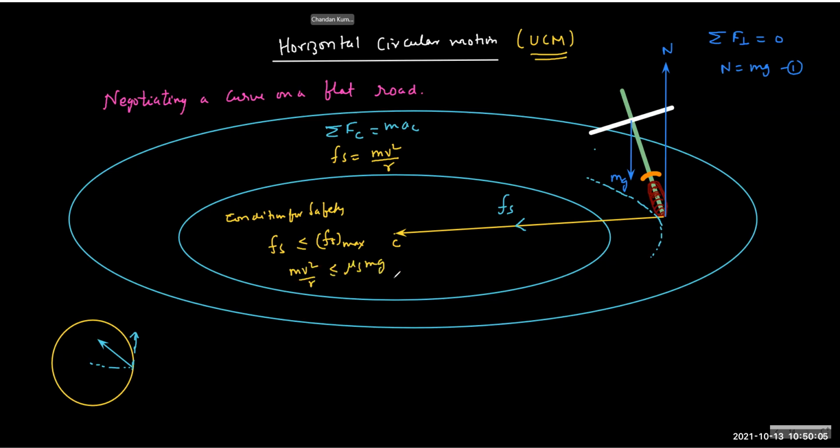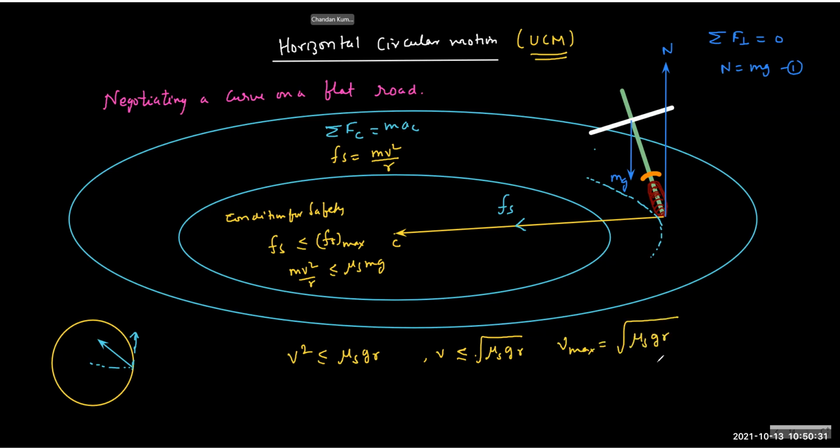So this should be the case, and therefore this gives you the answer that v square is less than or equal to mu s g r. So v must be less than or equal to the square root of mu s g r. So v max we can say is the square root of mu s g r.